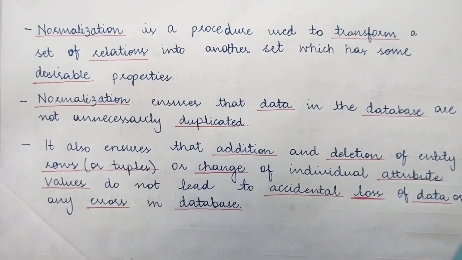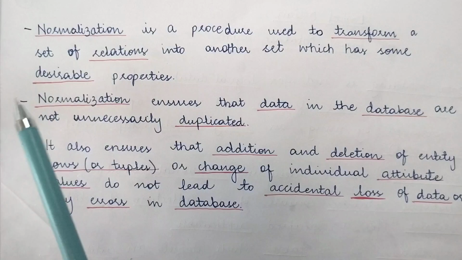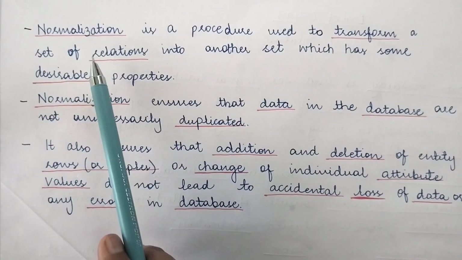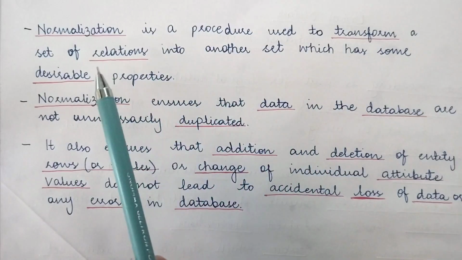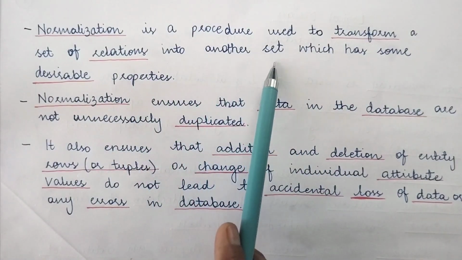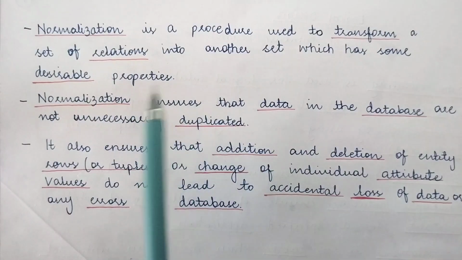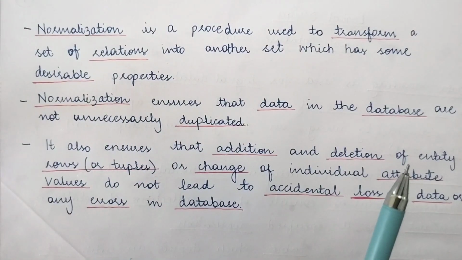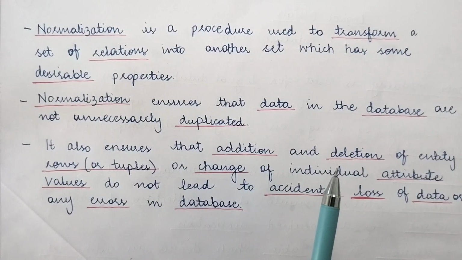Now, while conceptual database design or logical database design, normalization is also used. What is normalization? It is a procedure which is used to transform a set of relations into another set which has some desirable properties. So basically, why is normalization used? When initially we design the relations, they are in their raw form.